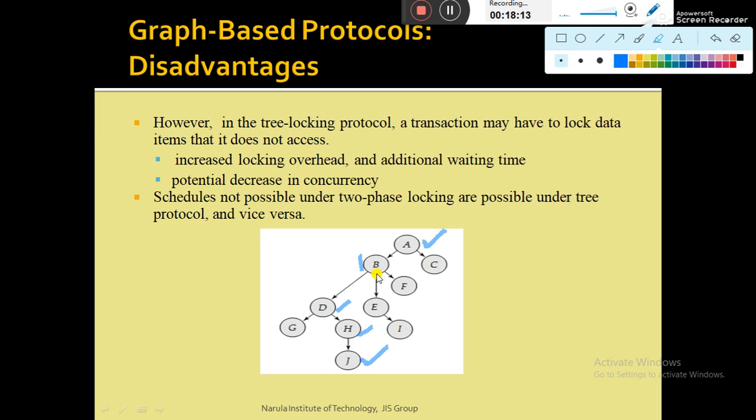And there are several disadvantages for that. First, it will increase the locking overhead, meaning to lock a data item we need to do a handful of work.